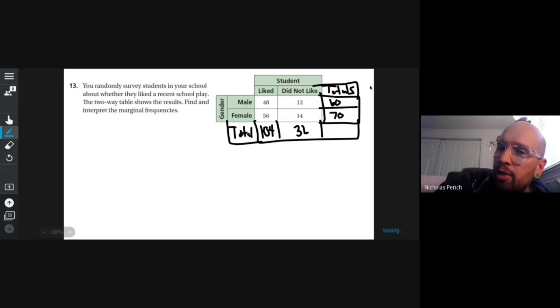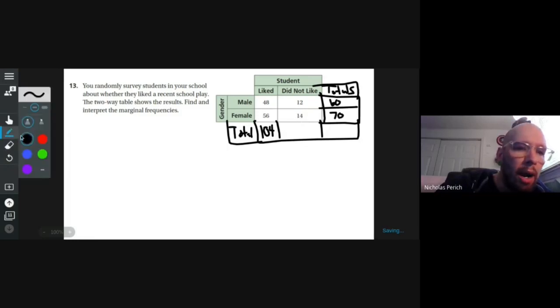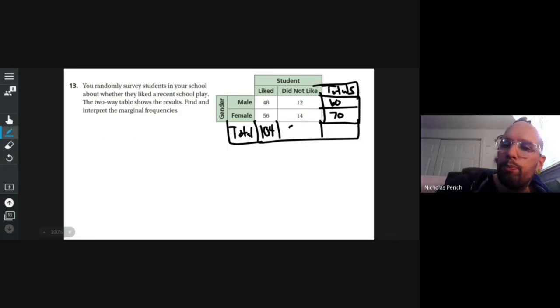And whether I add these two numbers or I add these two numbers, I did something stupid. Watch, look. That's not 36. That's 26. All right. So if I added these two numbers, I'd get 130. If I add these two numbers, I get 130. Either way, my grand total is 130.